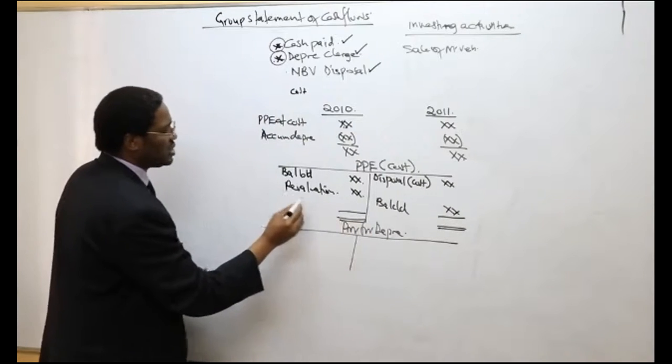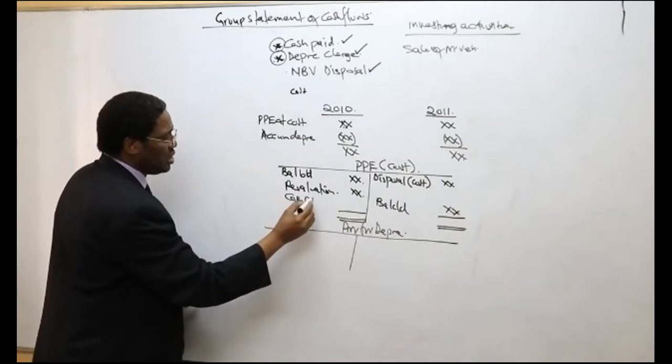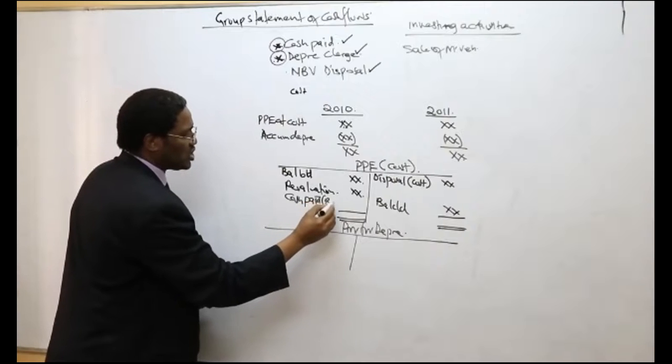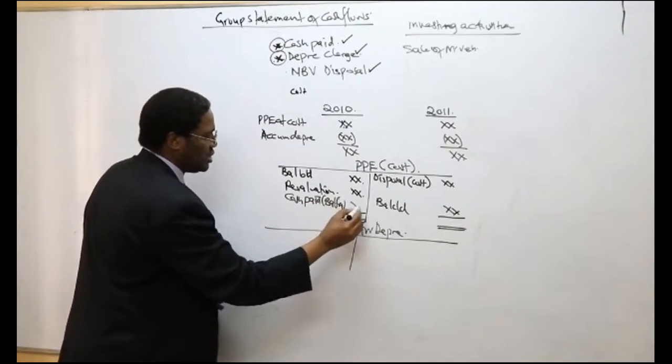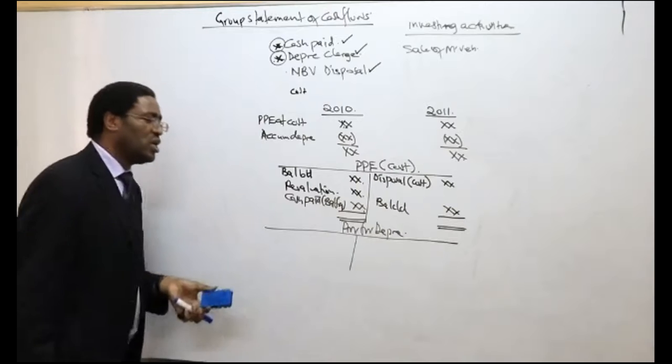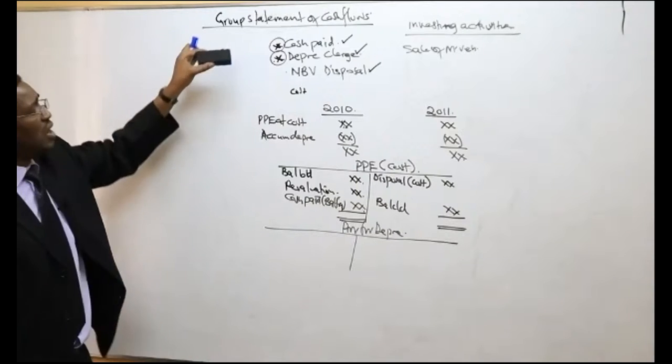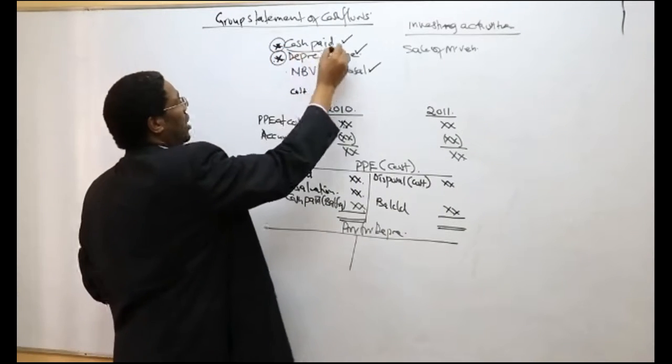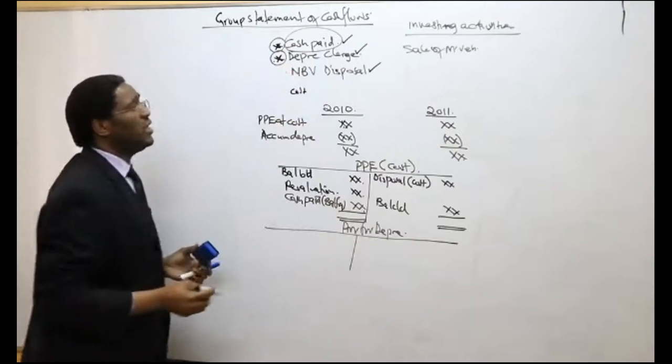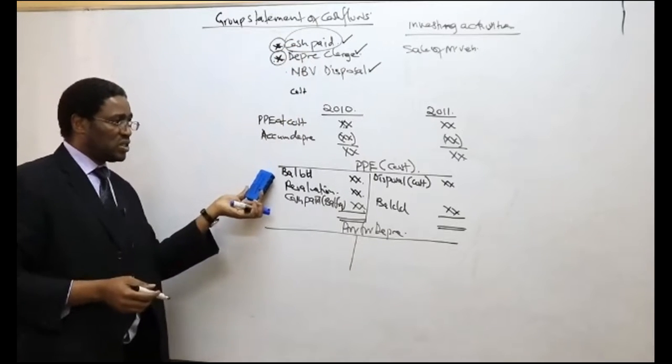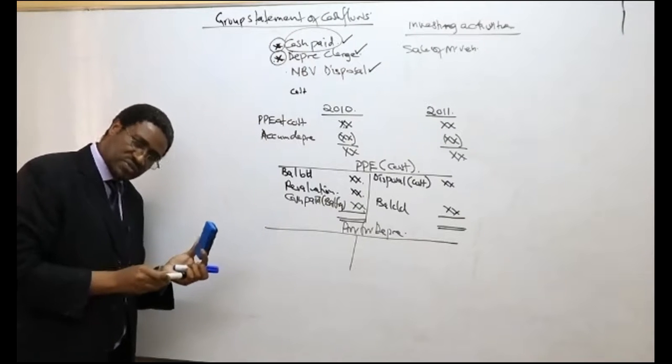Once you do that, there will be a balancing figure, which will represent the cash paid to acquire new ones, which you need in your cash flow statement. So that's how you get the cash paid to acquire new ones as a balancing figure in the account of the property, which is maintained at cost.